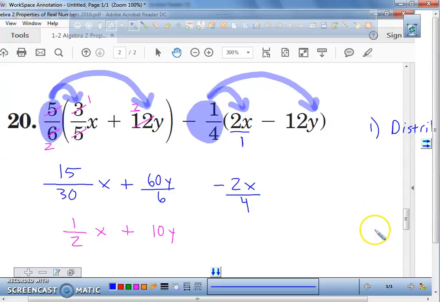Now if students made a mistake, this is probably where they made a mistake, because a negative times a negative ends up becoming a positive, all right? And what's going to be in the numerator if I multiply -1/4 times 12y, which we could say is 12y over 1, what are we going to have? 12y over 4.